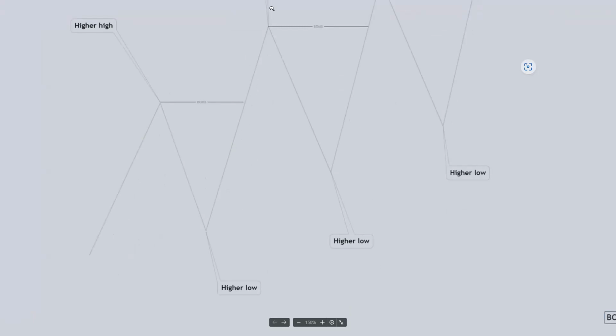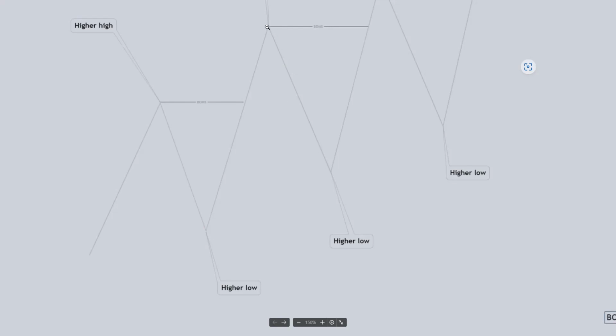Once price pulls back, for the market structure to be bullish, this swing low has to be protected. It doesn't have to be taken out or violated, so price has to maintain the swing low. As you can see, we had a pullback and this swing low was maintained.